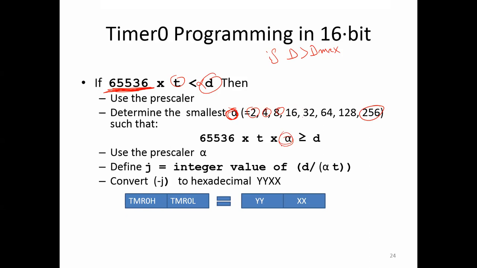So alpha will be the delay divided by the delay max. We have to find the smallest value. So it is the delay that we need divided by the delay max.